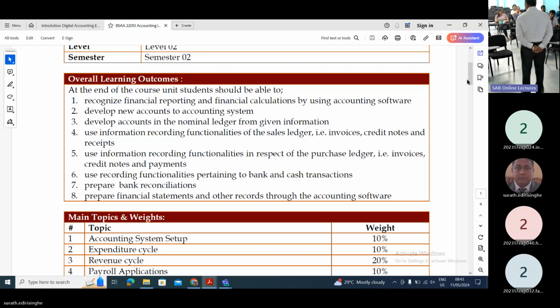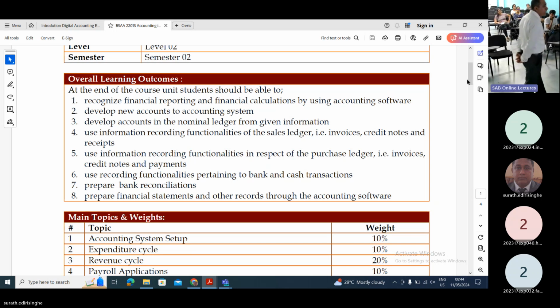Under the accounts payable ledger, we study recording of purchase orders, recording of invoices, returns, payment of money, settlement of bills. That section will be discussed on the purchase ledger or the accounts payable ledger. Complete the four things. Number 6.